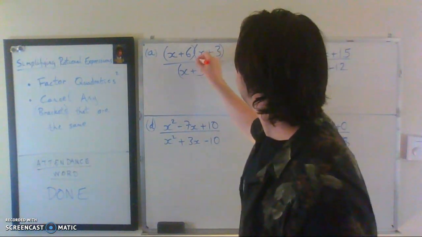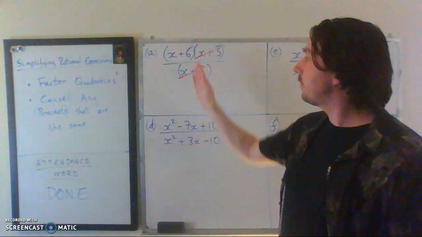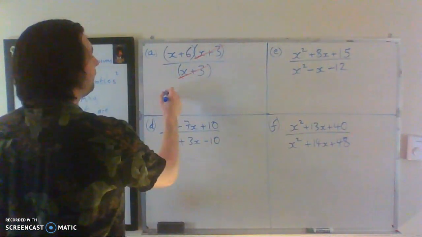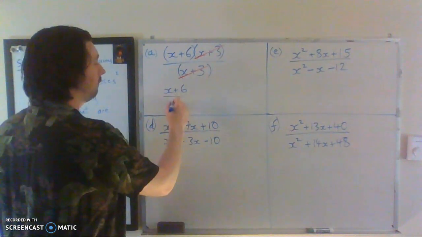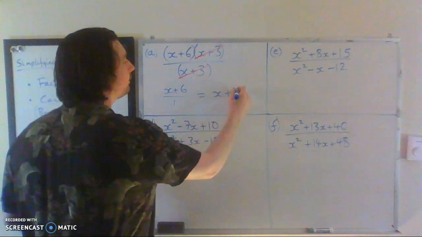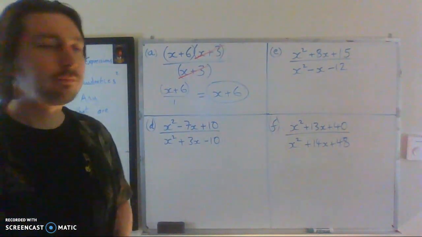So in this case, these two could both be eliminated, and I'd just be left with x plus 6 over 1, which is just x plus 6.